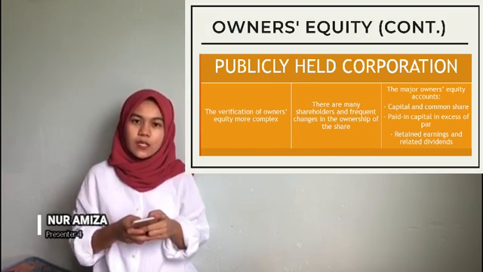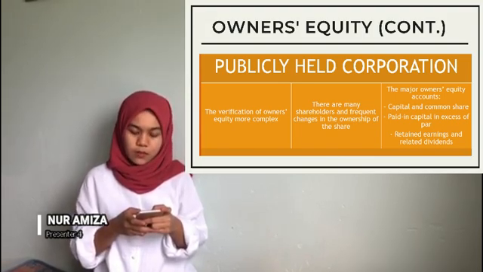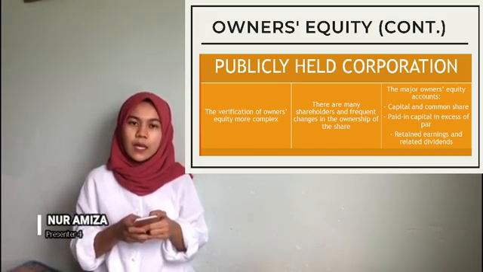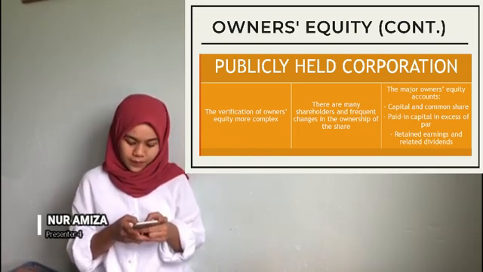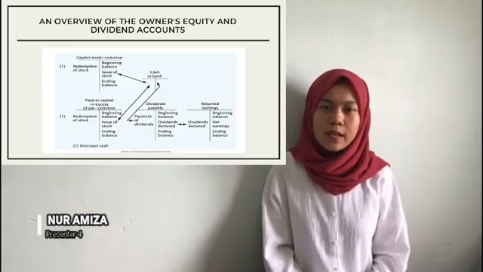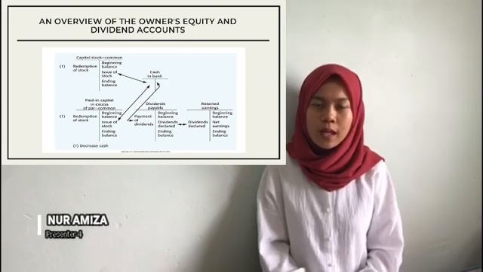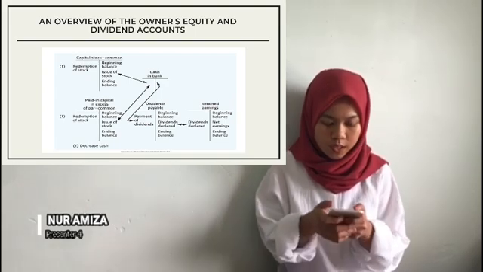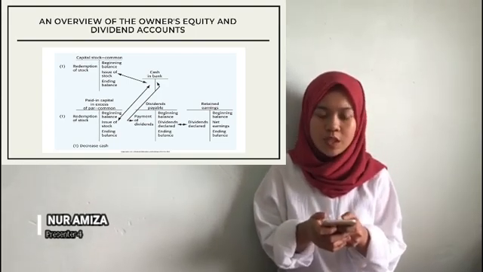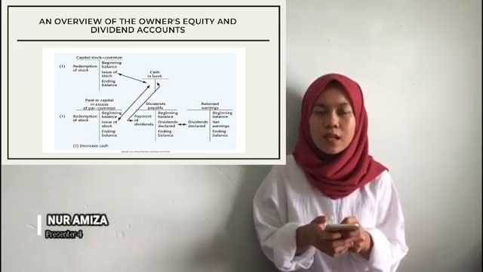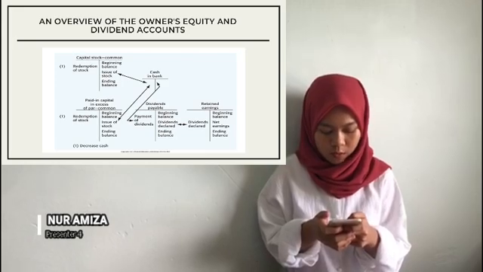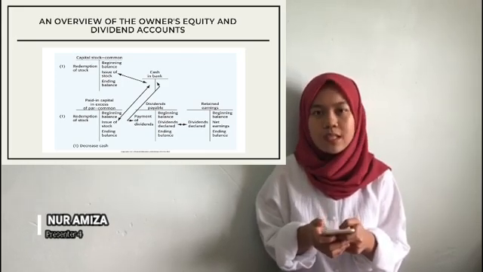The major owners' equity accounts are capital and common shares, paid-in capital in excess of par, retained earnings and related dividends. This slide is an overview of the major owners' equity accounts in the publicly held corporation, which are common shares, dividends payable, retained earnings, cash or bank accounts, and also paid-in capital in excess of par.